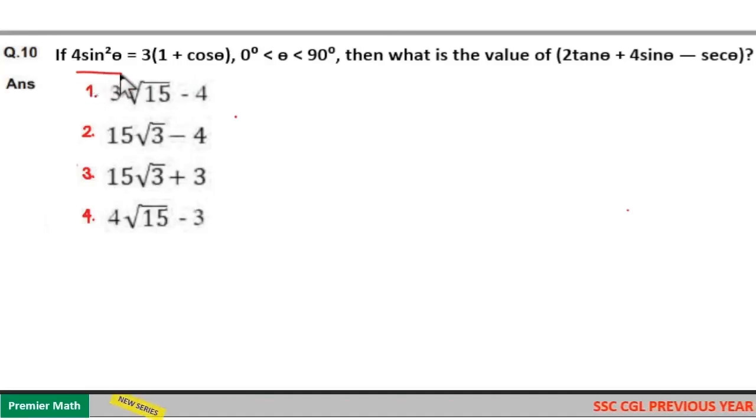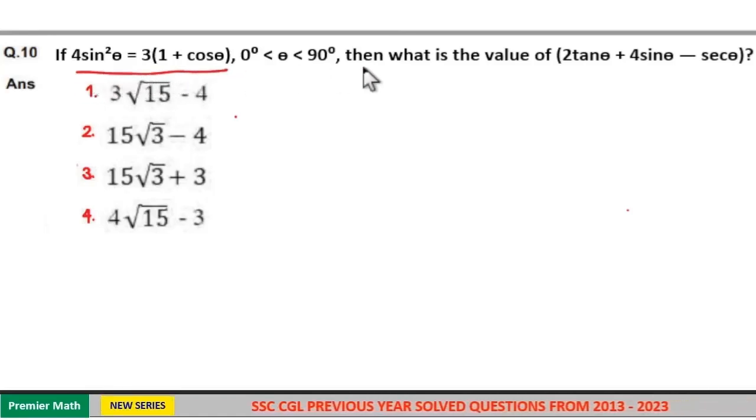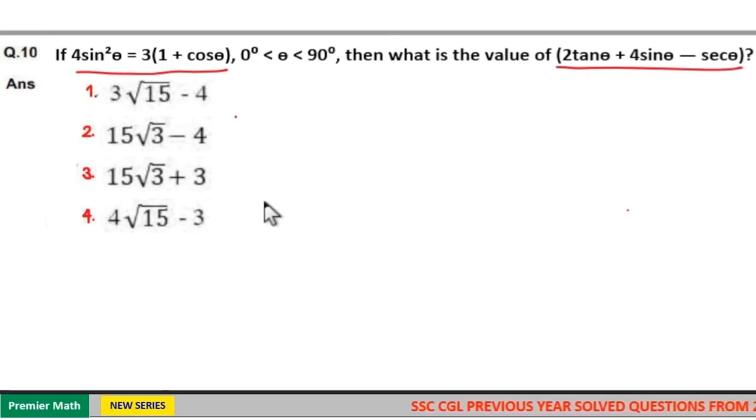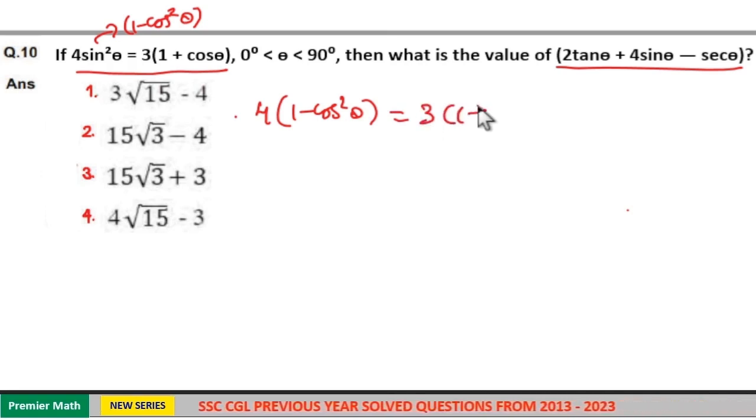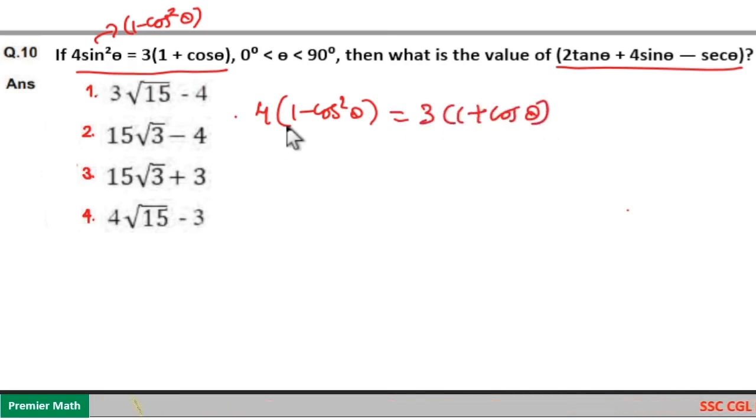If 4 sin square theta is equal to 3 into 1 plus cos theta, then what is the value of 2 tan theta plus 4 sin theta minus sec theta? Here, sin square theta is equal to 1 minus cos square theta. Then this term will become 4 into 1 minus cos square theta is equal to 3 into 1 plus cos theta. Now, this is like a square minus b square.